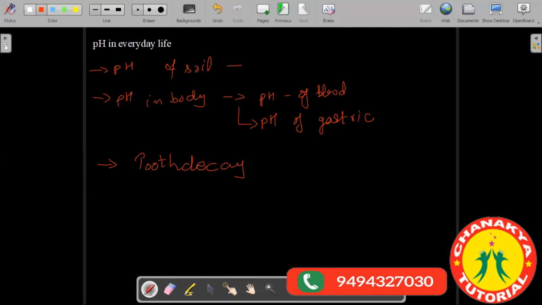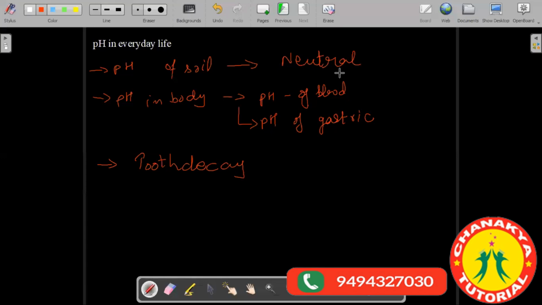So, the pH of soil. Soil should generally be neutral in nature. It should not be highly acidic or highly basic. Since plants obtain their nutrients from the soil, the pH of the soil should be maintained neutral, or nearly neutral. Sometimes, due to acid rain or some other factors, the pH of the soil changes.